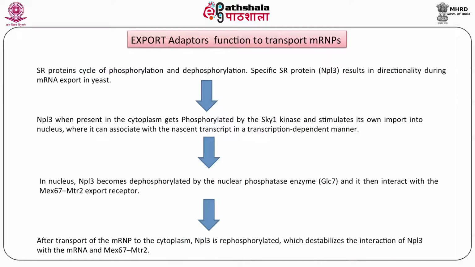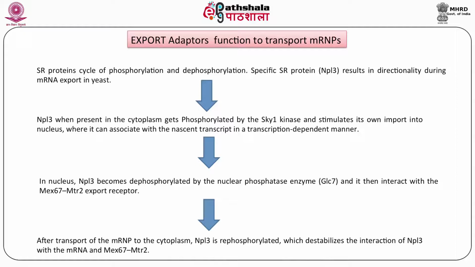Npl3, when present in the cytoplasm, gets phosphorylated by a protein called Sky1 kinase, which stimulates its own import into the nucleus, where it can associate with nascent transcripts in a transcription dependent manner.